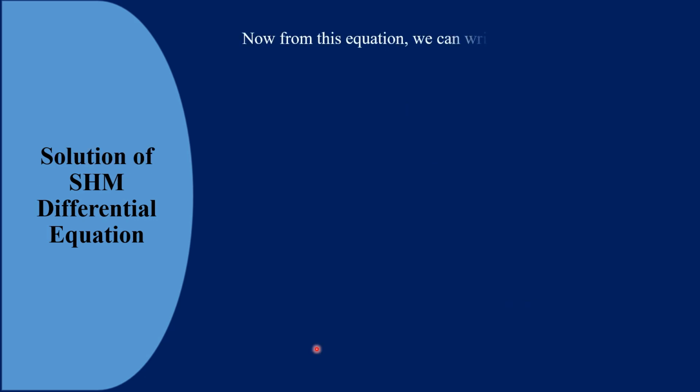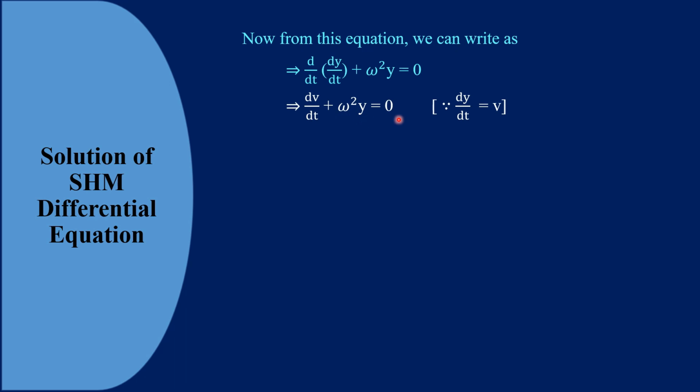Now from this equation we can write d by dt of dy by dt plus omega square y is equal to 0. Here we know that dy by dt means rate of change of displacement, so it is velocity. So this equation can be written as dv by dt plus omega square y is equal to 0.